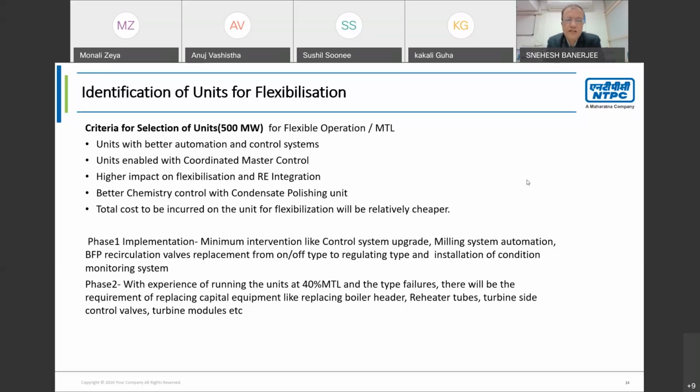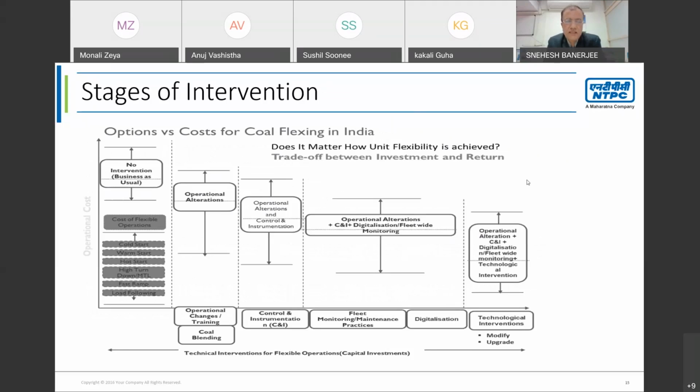So if we see in totality, to start with, we can have training and blending of coals. That can be the initiation of the process. Then we can introduce some control and instrumentation system upgrades. That is the second phase. Then finally, we can go in for fleet monitoring, maintenance practice changes and some digitalization introduced into the system.